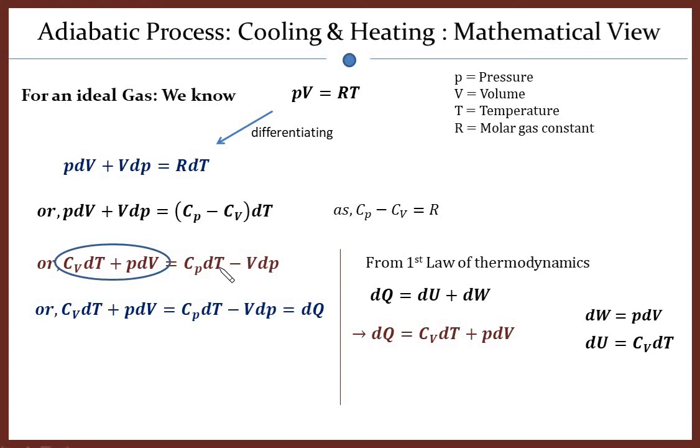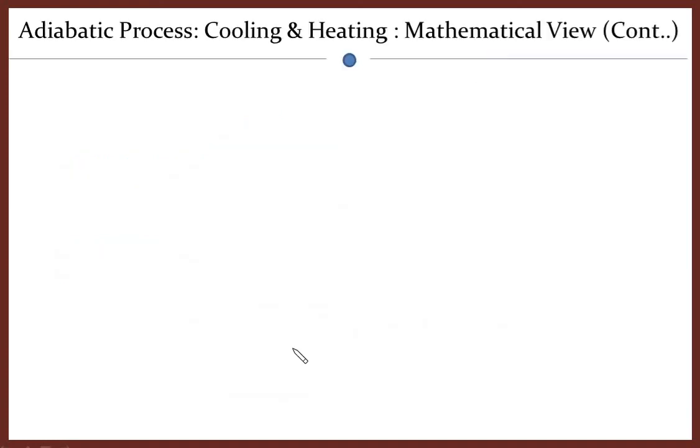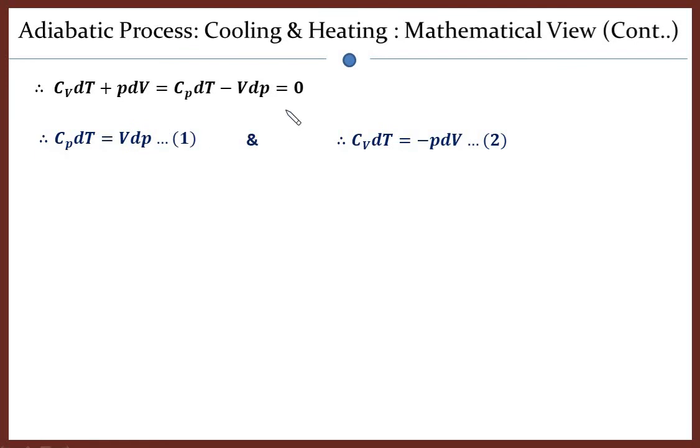So simply equate both sides with dq. As this process is adiabatic, we know dq equals 0. Therefore, both the left hand side and right hand side will be equal to 0. From this equation, we can write Cp dT equals V dP and Cv dT equals minus P dV.